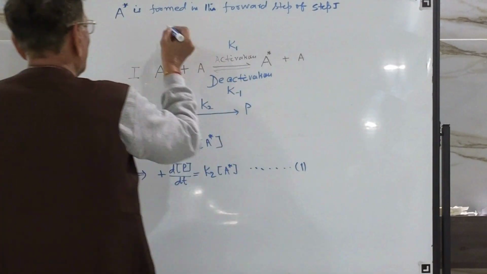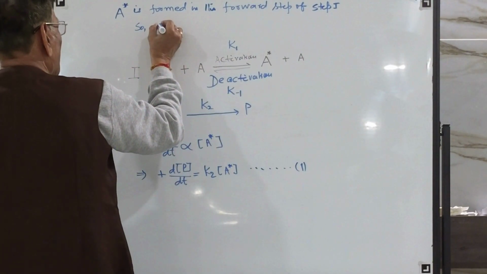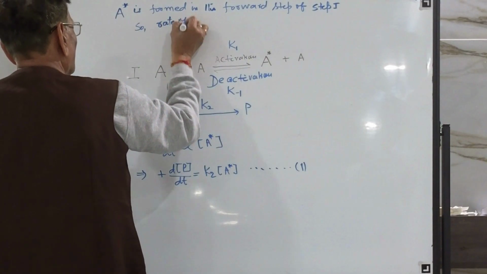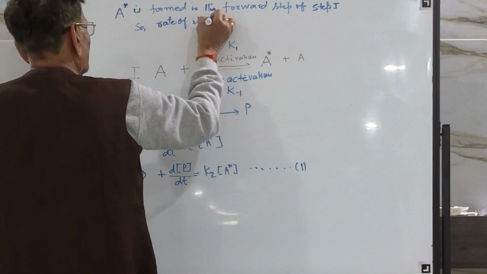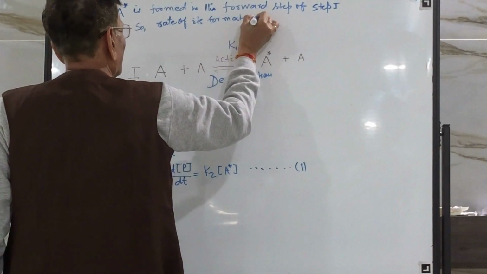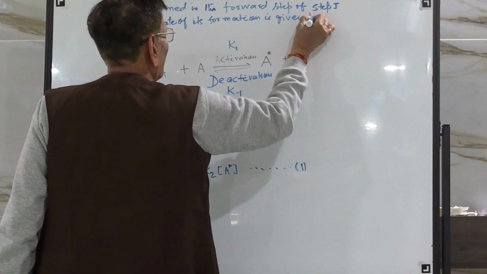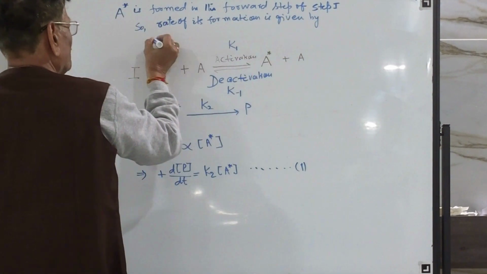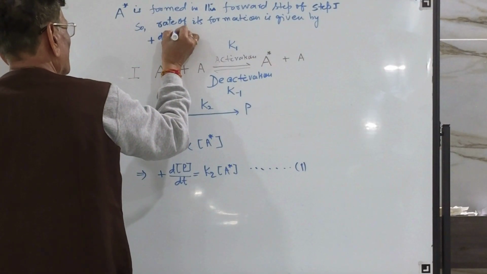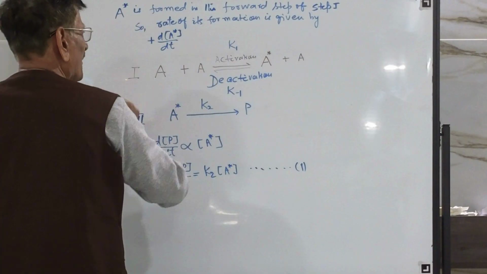So its rate of formation is given by plus dA star by dt.